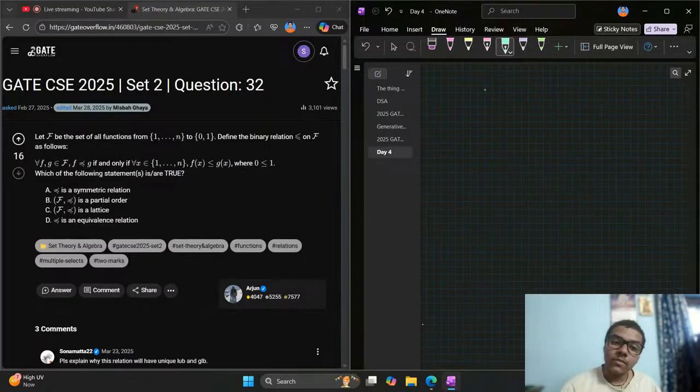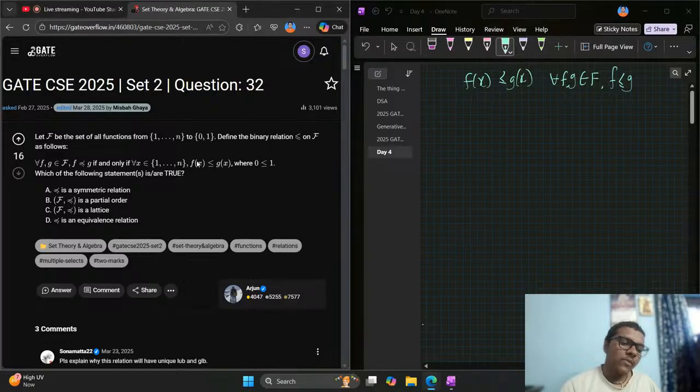Right, this is the actual definition. So the symbol is what we think it is.